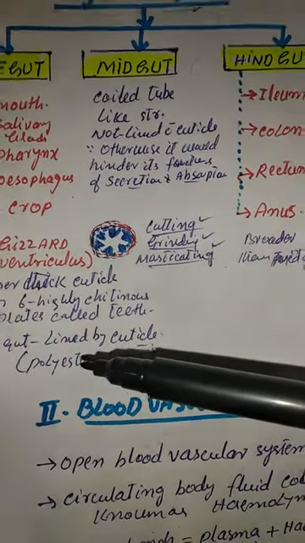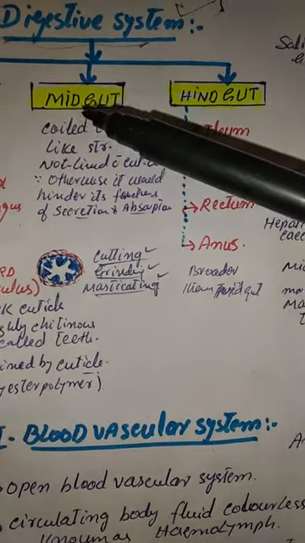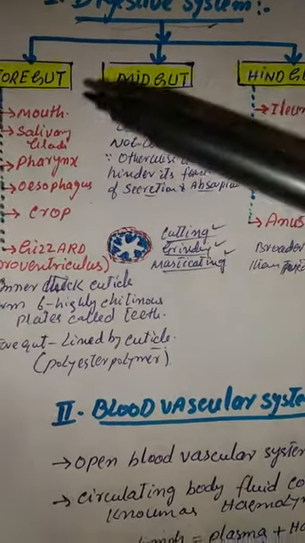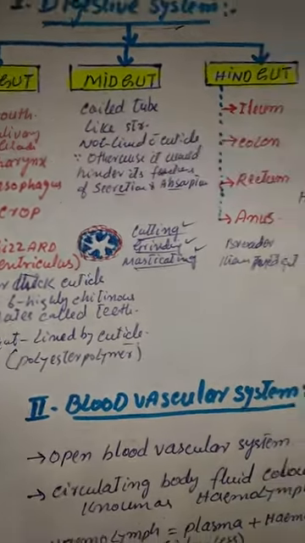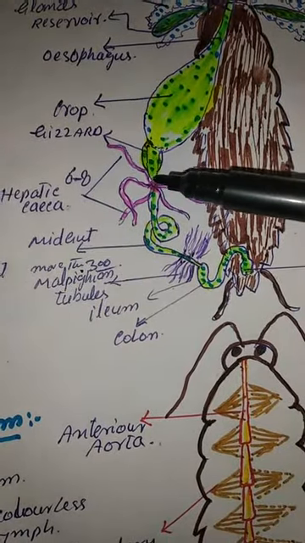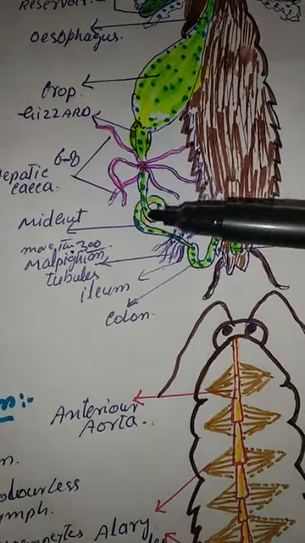Now after this we come to the midgut. But one thing is worth mentioning here, that at the junction of the foregut and midgut, as depicted in this diagram, the foregut ends here, and from here the midgut starts.